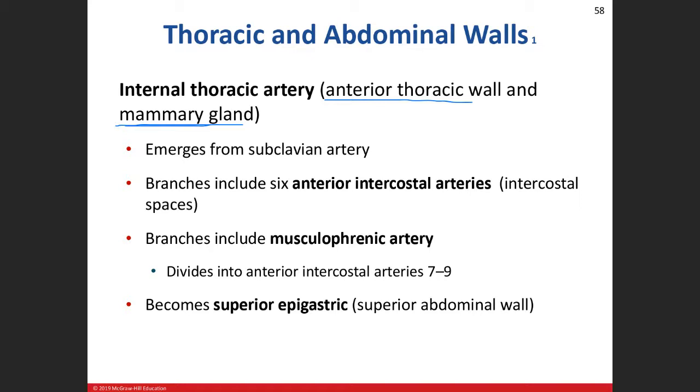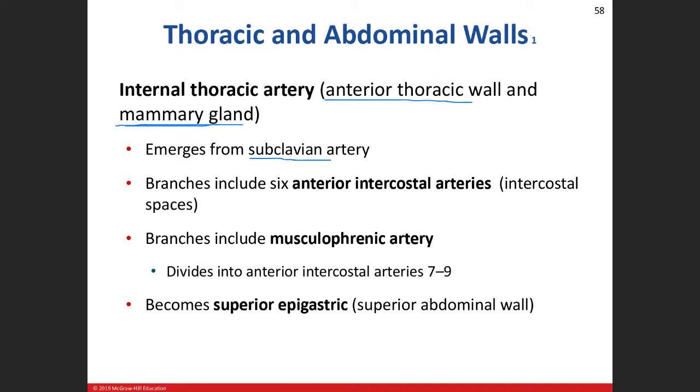So it's going to be the front of your chest. It's a branch off the subclavian artery, coming off the front portion of the subclavian artery, and it's going to be found more towards the anterior portion of your chest.